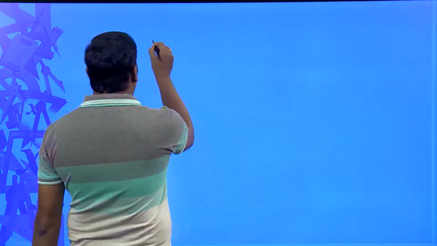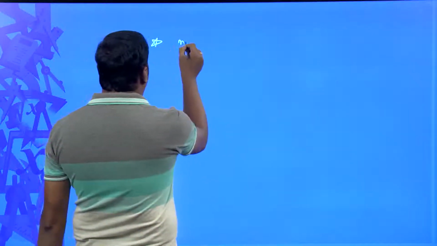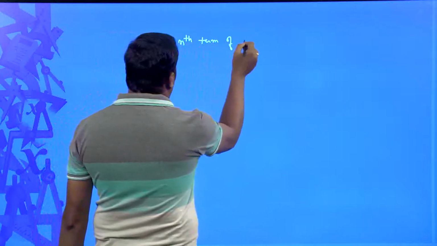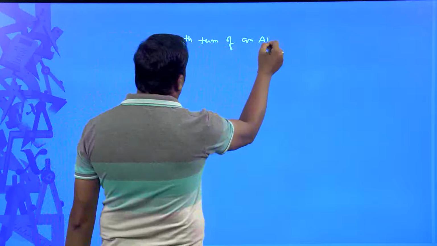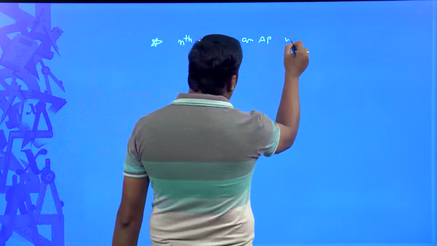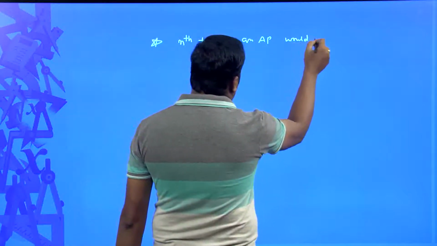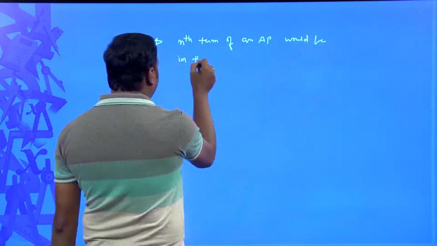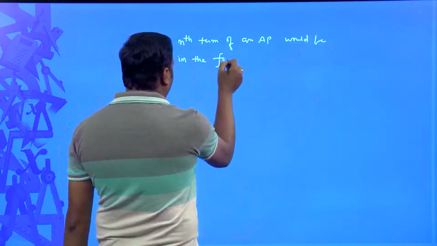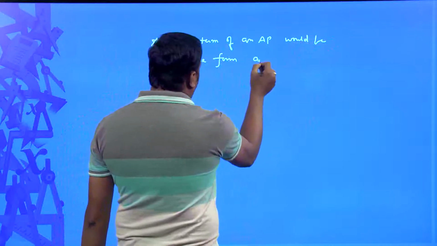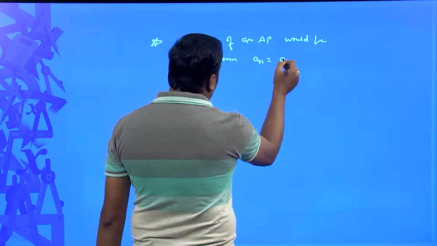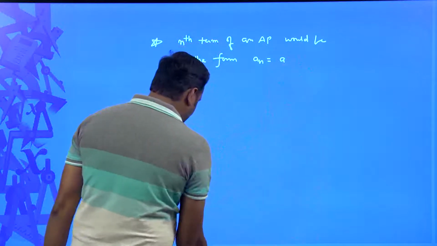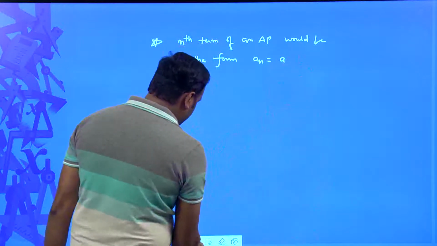So, I will write it briefly here. The nth term of an arithmetic progression would be in the form A n is equal to, I will use capital letters so that there is no confusion for you all.